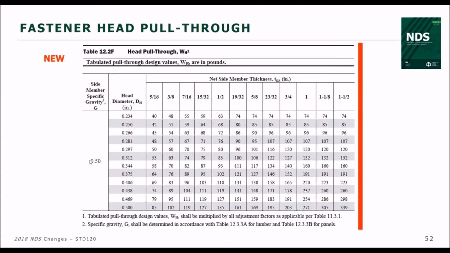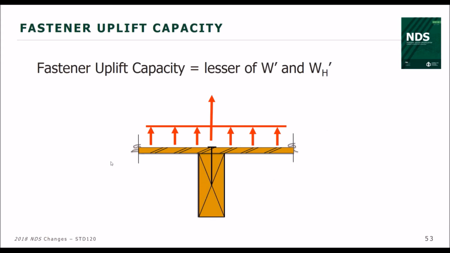So then in addition to the equations, we've tabulated the values here based on the net side member thickness, head diameters. You can see the values here, and these are unadjusted values just like the withdrawal values, but these are the head pull-through values. So let's look at an example.